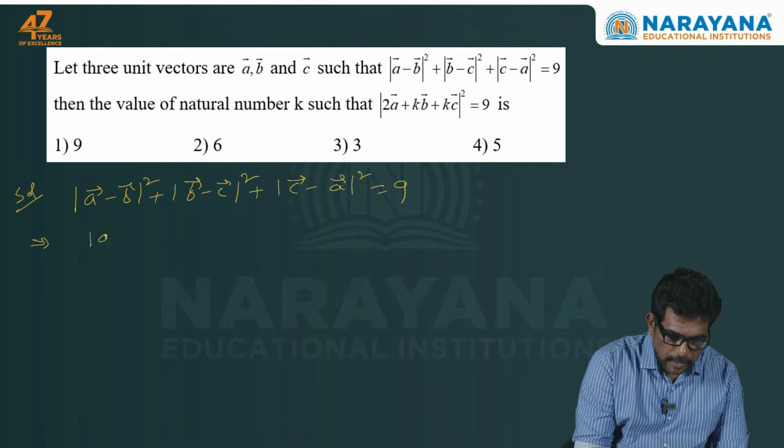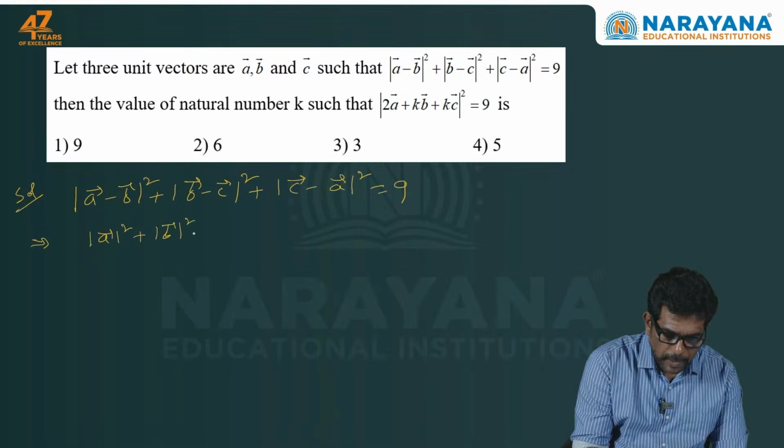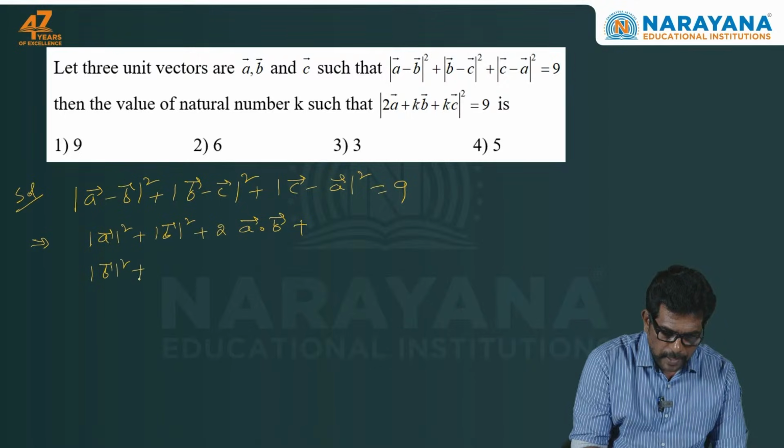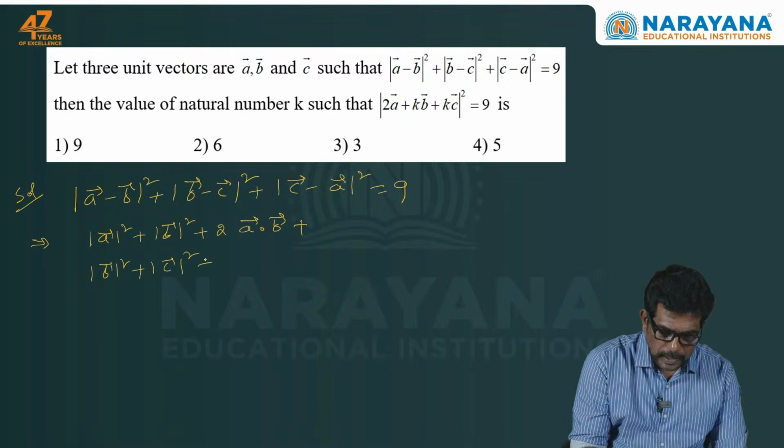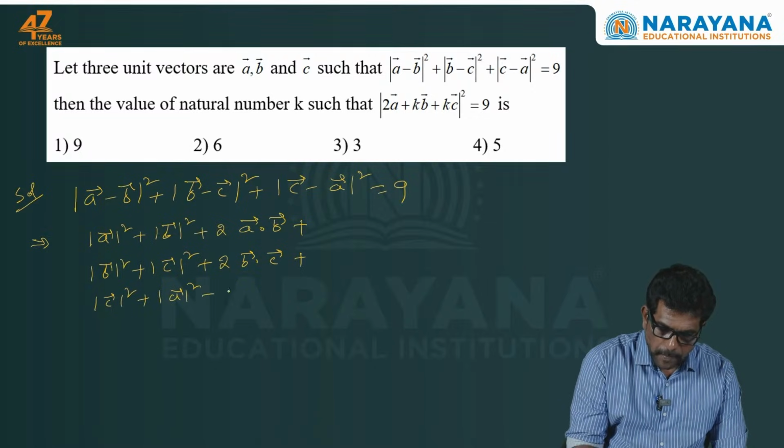Applying that formula, mod a bar square plus mod b bar square plus 2 times of a bar dot b bar plus similarly mod b bar square plus mod c bar square plus 2 times of b bar dot c bar plus mod c bar square plus mod a bar square minus 2 times of c bar dot a bar is equal to 9.